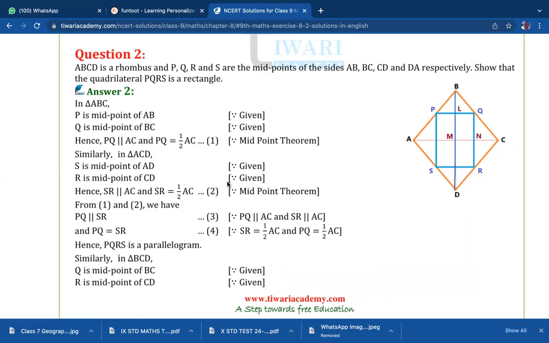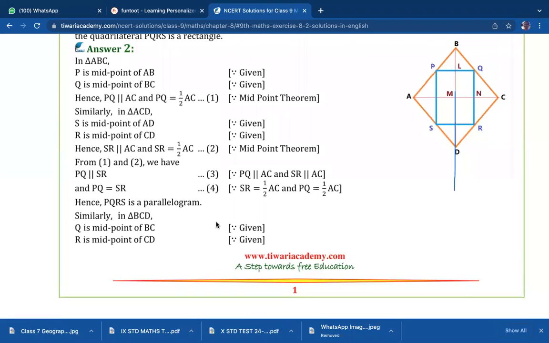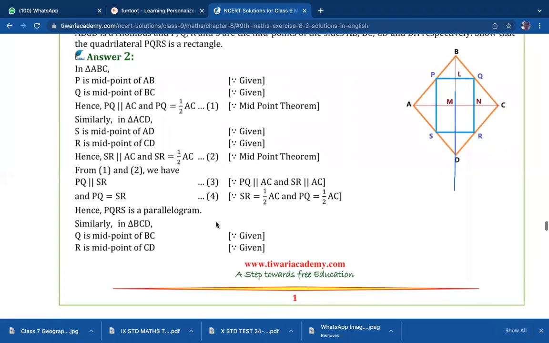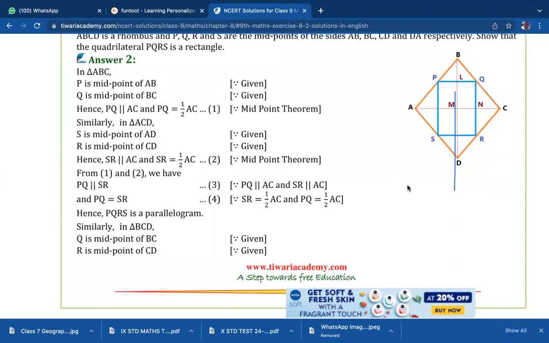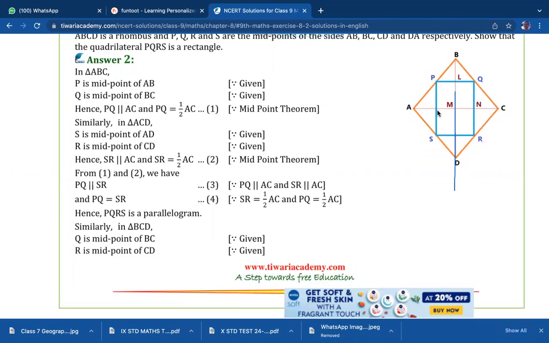That will help you solve the problem easily. Now, I am looking at triangle ABD. And you know that P and S are midpoints of AB and AD. So PS is parallel to BD and PS is also half of BD.